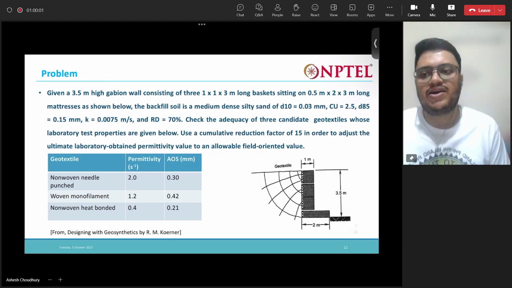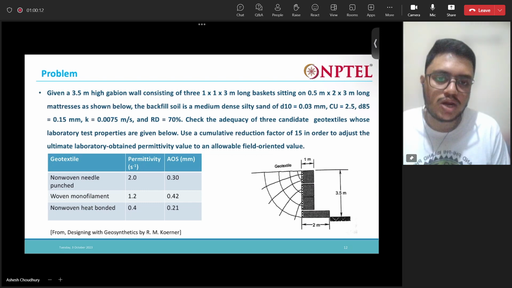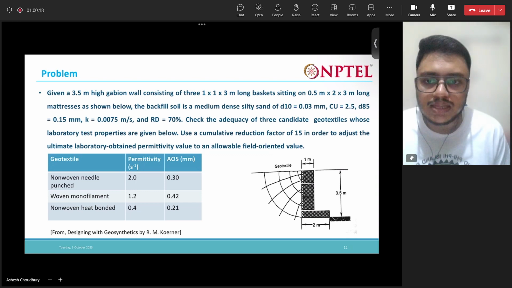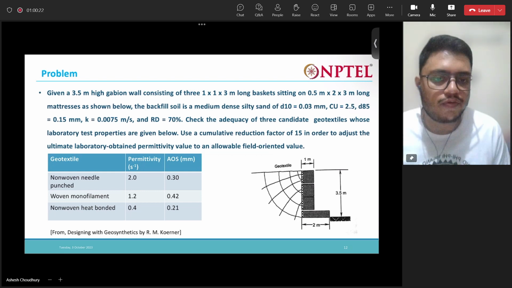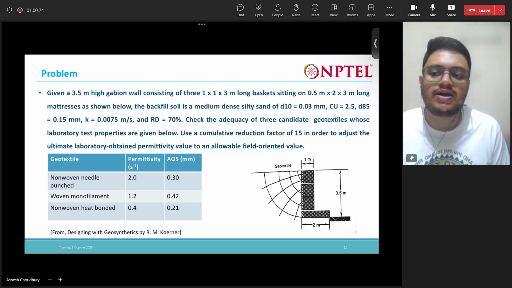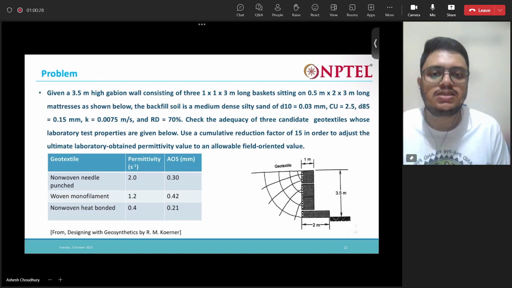Given a 3.5-meter high gabion wall consisting of 1 by 1 meter by 3 meter long baskets sitting on 0.5 meter by 2 meter by 3 meter long mattresses as shown. The backfill soil is a medium density sand of D10 this much, coefficient of uniformity 2.5, D85 1 mm, coefficient of permeability is given, and relative density of 70%.